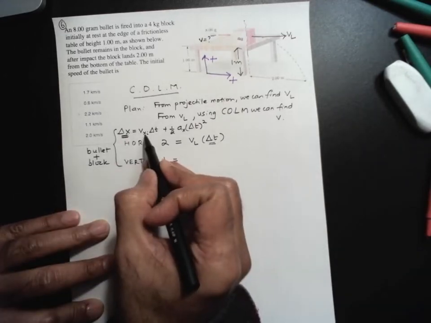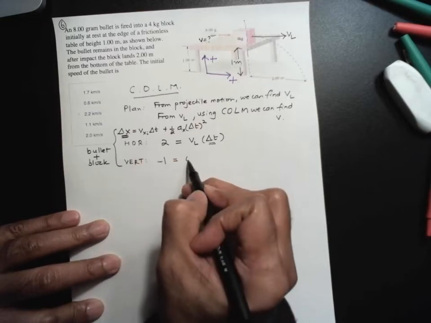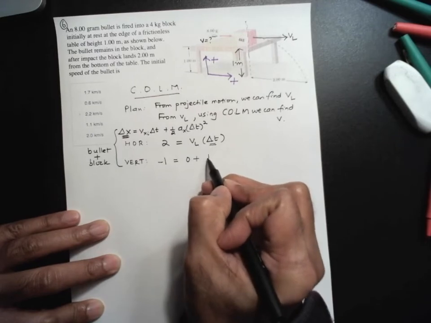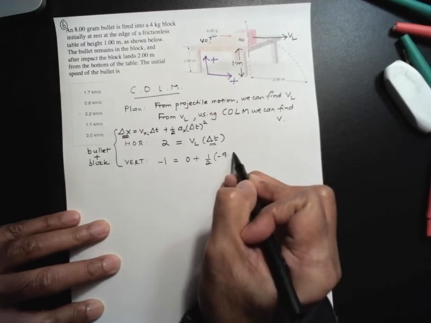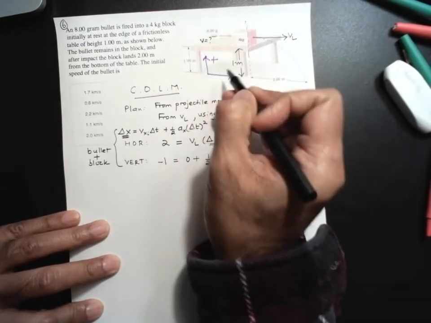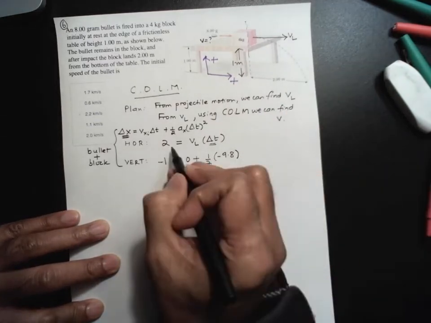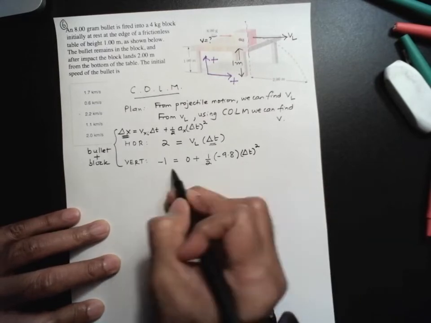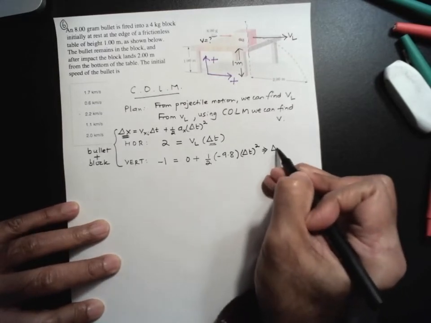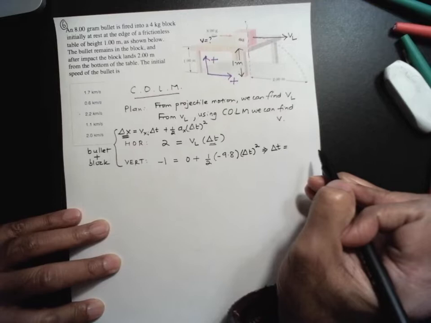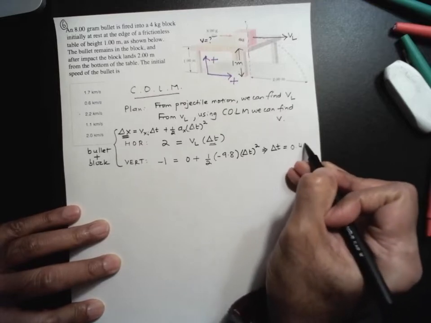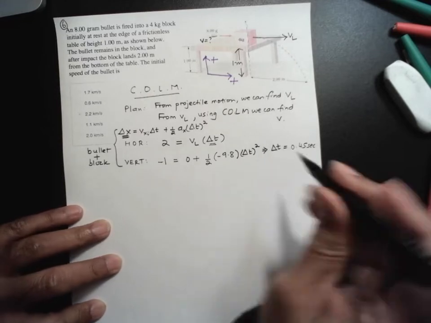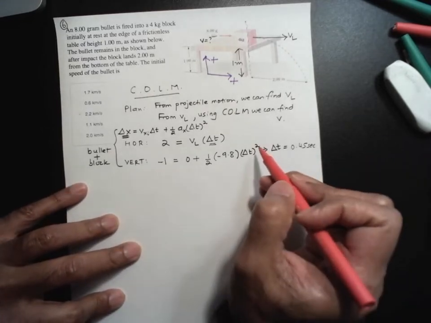The velocity in the y direction initially is 0 because it's all horizontal. The acceleration is -9.8 because up is positive. I just always do that. The delta t squared is the unknown, so from here I can solve for delta t. Don't forget to take the square root, and it works out to 0.45 seconds.